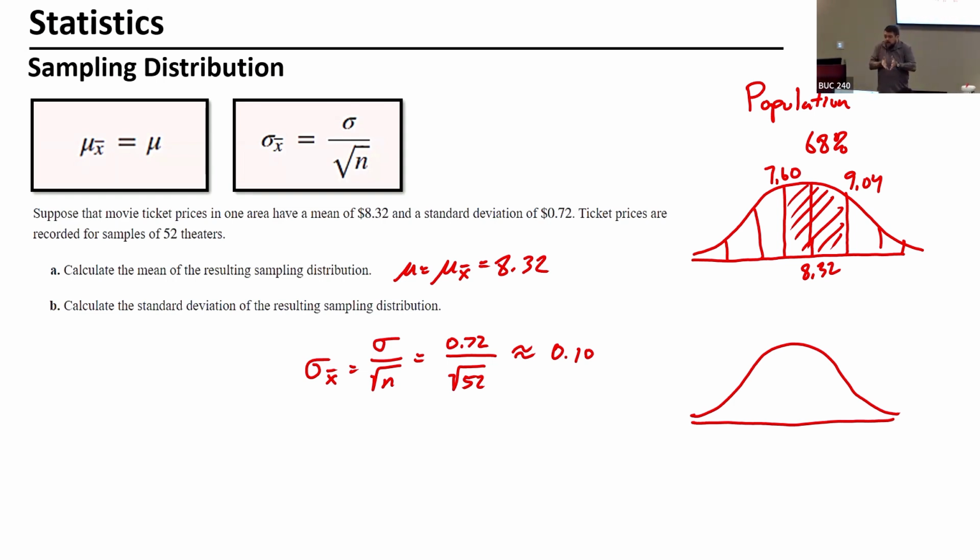We don't really know what the curve of this thing actually looks like, right? But I can tell you this, that whenever I take a sampling of it, I've still got this 8.32, and I've still got one standard deviation away from that, which for this one right here, we'll go 8.22, and then we're going to go 8.42.